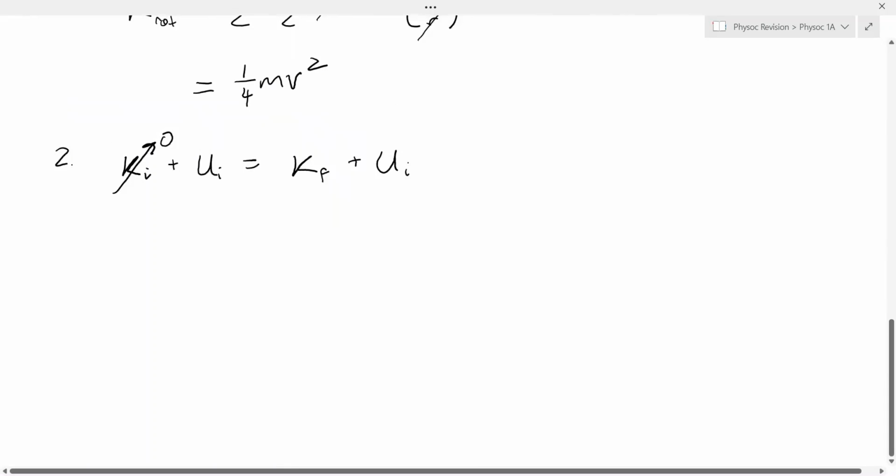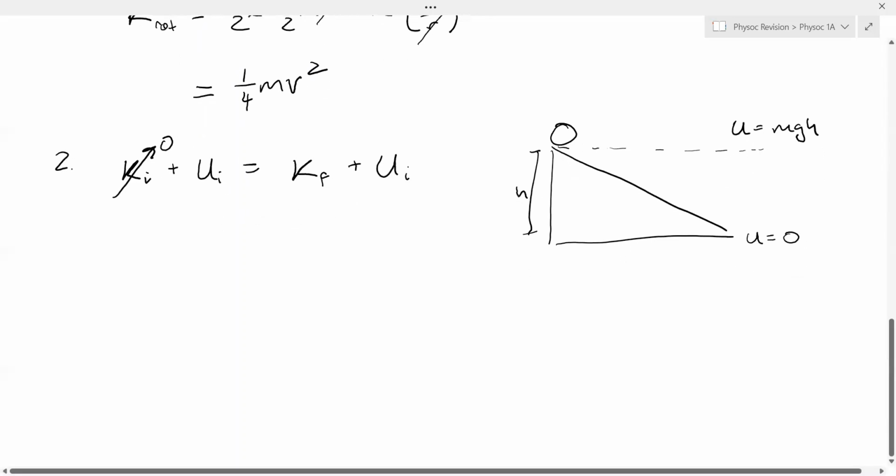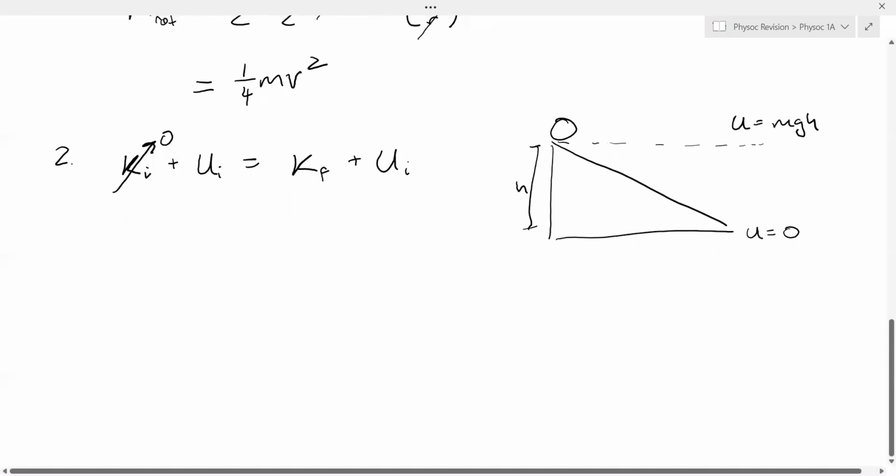And when we're talking about potential energy, because it's due to gravity, we're going to need to set a datum. So let's say that this is where our potential energy is equal to 0. Up the top, our potential energy is going to be mgh, where h is the height above the datum.